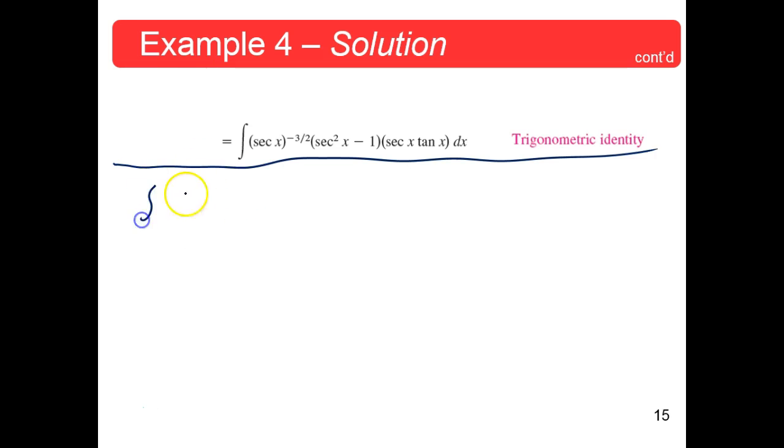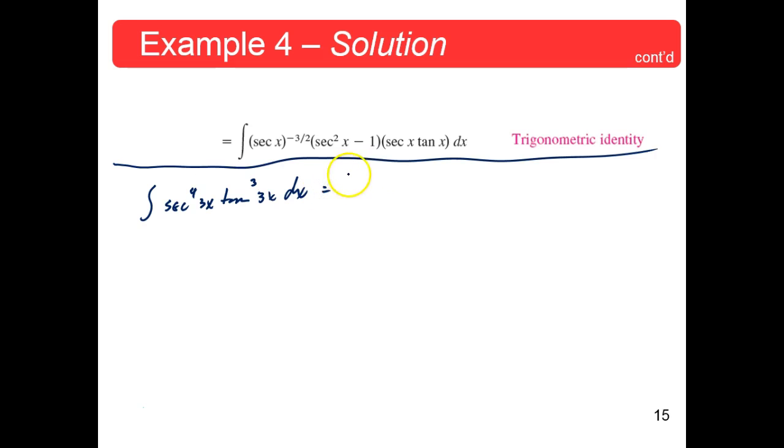Integral of secant to the fourth 3x times tangent to the cubed 3x dx. Okay. This time we're going to pull a secant squared out because that is the derivative of tangent.